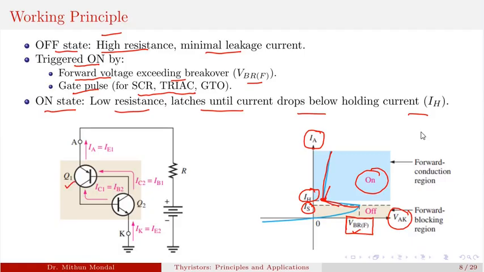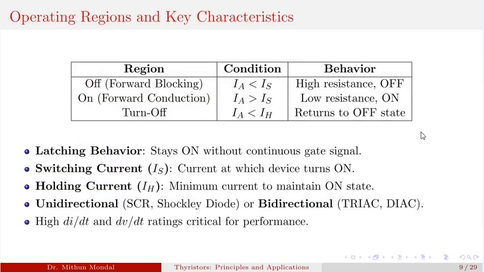So two transistors Q1 and Q2, which are PNP and NPN type, are connected between the base and the collector. Then the regenerative feedback connection is there, and if the voltage exceeds this breakover voltage, the thyristor will turn on. Now the operating regions, if we talk about the key characteristics: there is a region which is forward blocking, which is the off state.